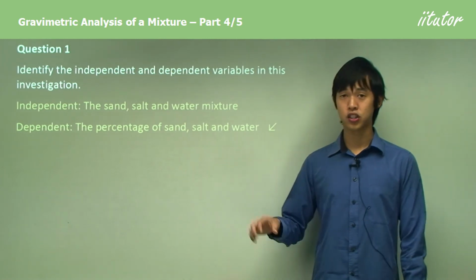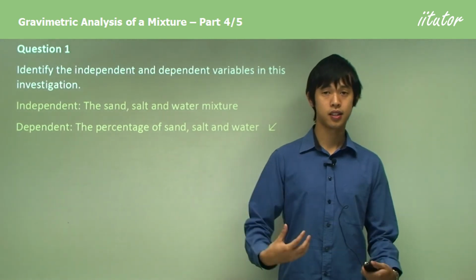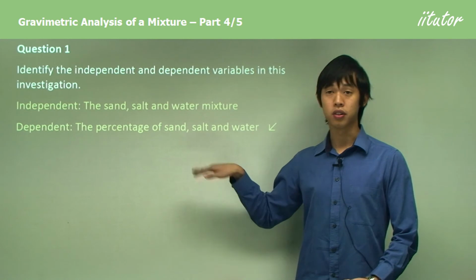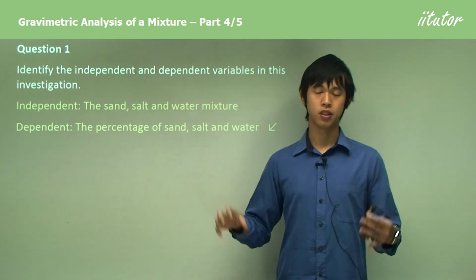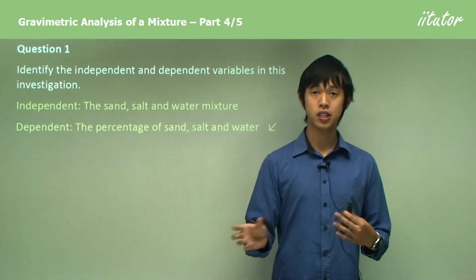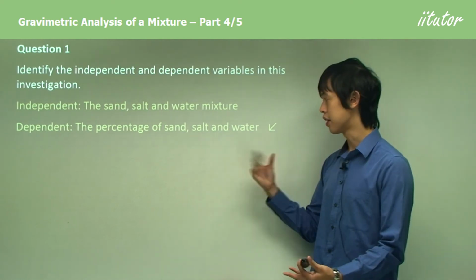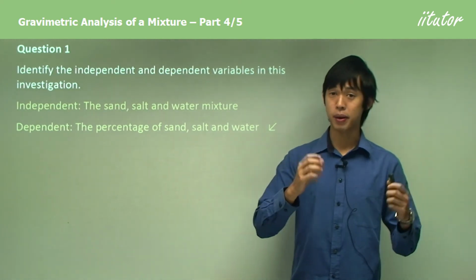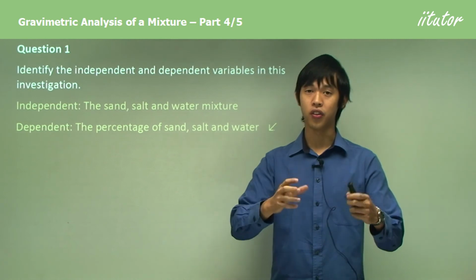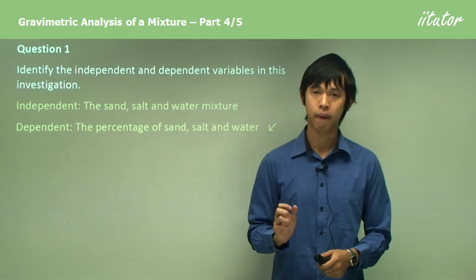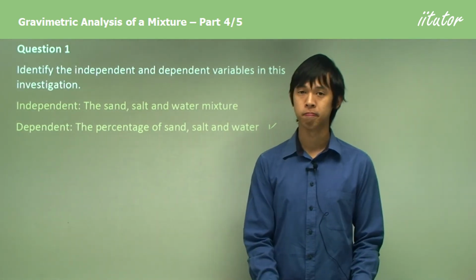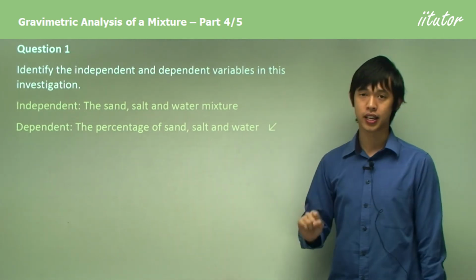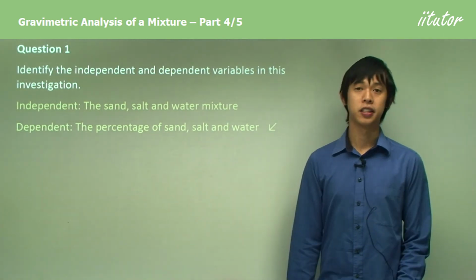So you can see that if I just pick those two different places as a scientist, the amount of salt I measure will be different. So you can see that the amount of salt depends on the mixture that I pick, okay? And that's why it's called the dependent variable, okay? So that's important to understand, particularly when you want to design experiments.